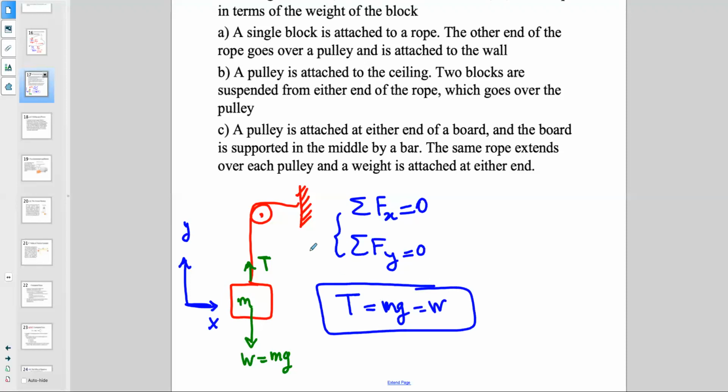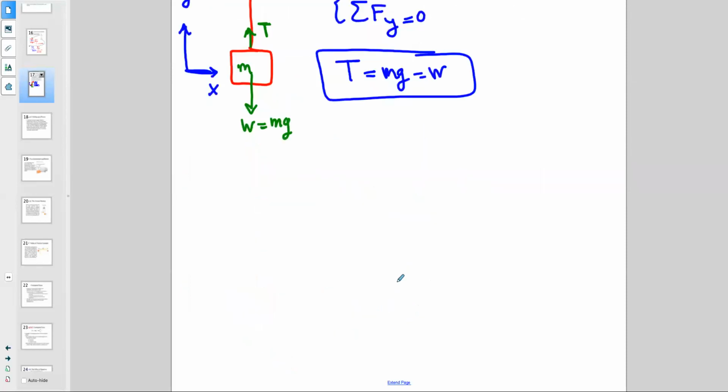All right, part B, the pulley is attached to the ceiling. 2 blocks are suspended from either end of the rope, which goes over the pulley. So in other words, in the second part, we have something like this. So in part B, we have a ceiling or a wall, okay, and then we have a pulley like that.